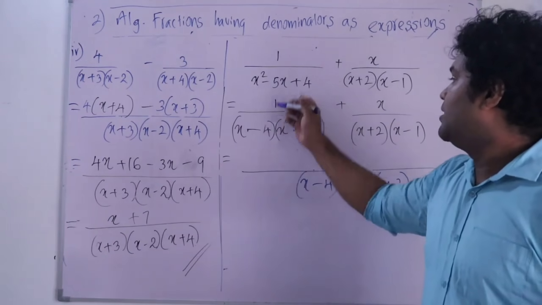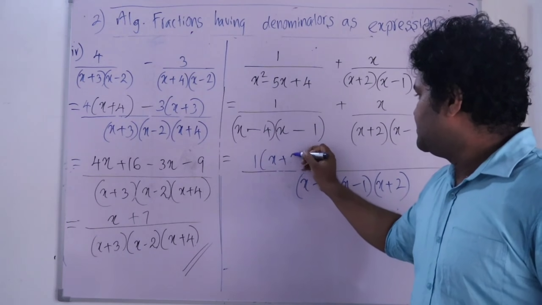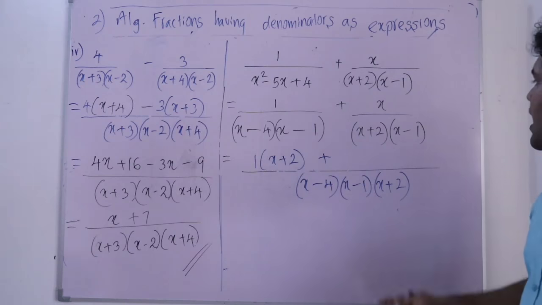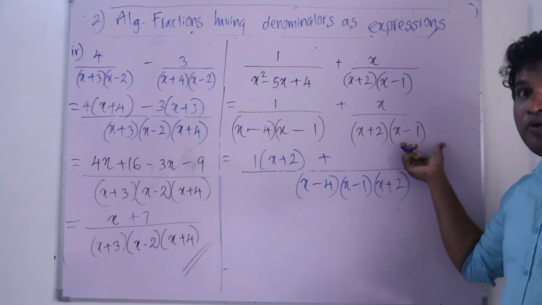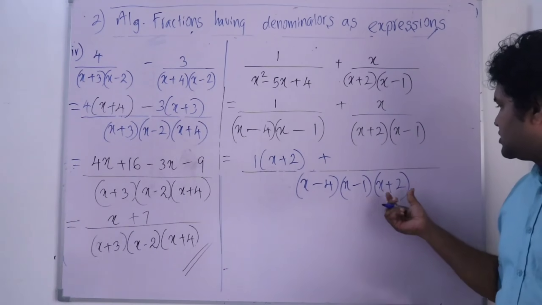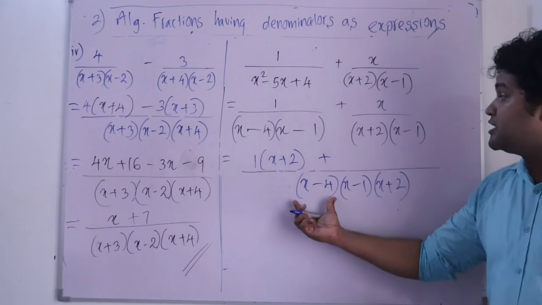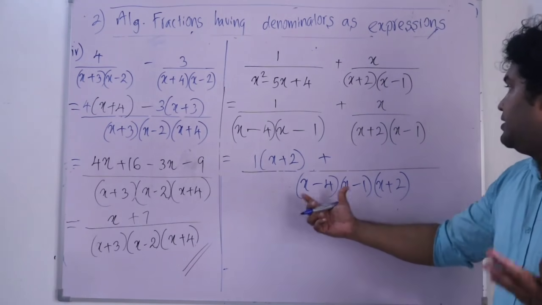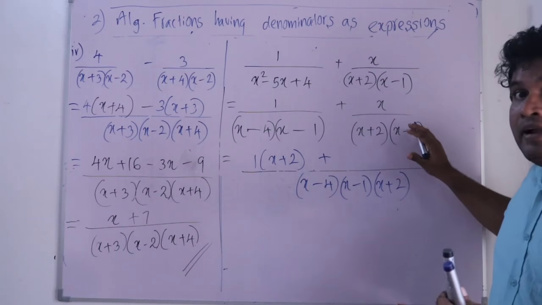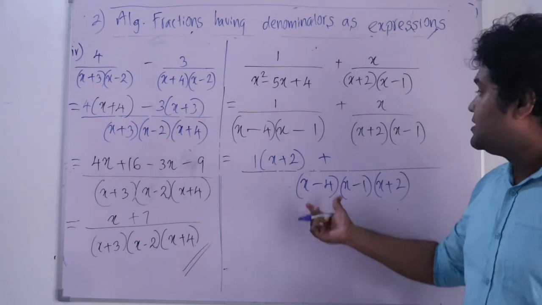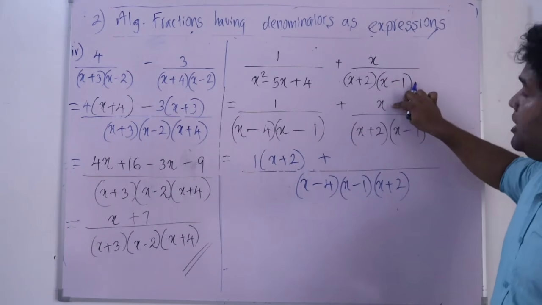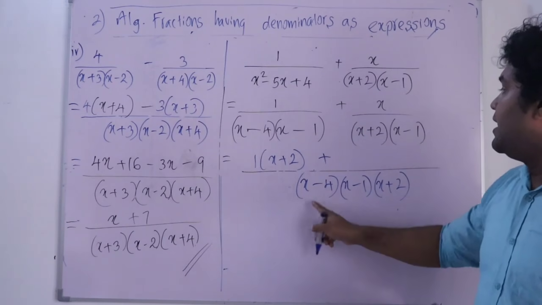You multiply this 1 by x plus 2, and compare: x plus 2, x minus 1 you had, and x minus 4 additionally you have. Then this denominator you had is multiplied by this x minus 4, so the numerator is also multiplied by x minus 4.